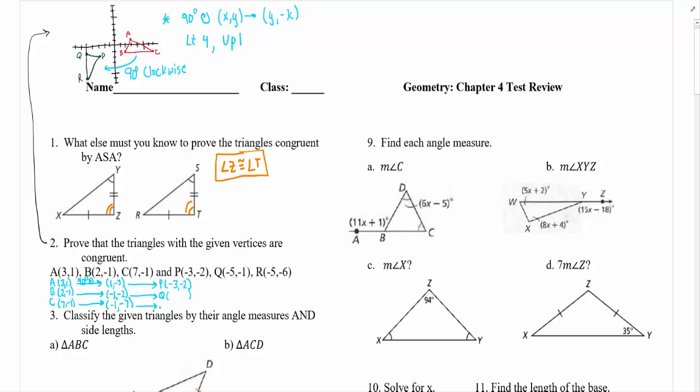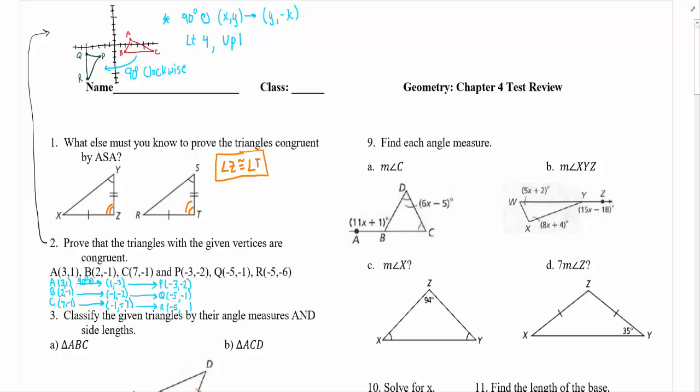Because it's saying prove that they're congruent, they better work. They're kind of telling you that it's going to be congruent. So negative 1 going left 4, that should put me at negative 5, which is where Q is, so that's good. And negative 2, I'm going up 1, should put me at negative 1 where Q is, so that's a good thing. Negative 1, I'm going to go left 4, which puts me at negative 5, which again is a good thing.